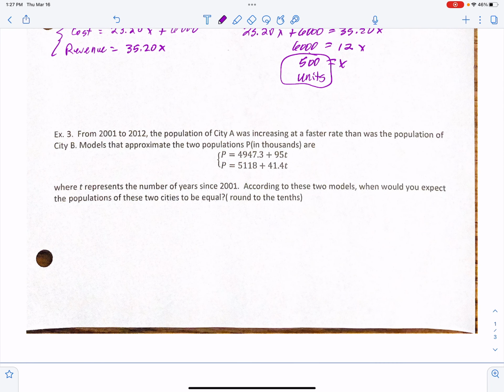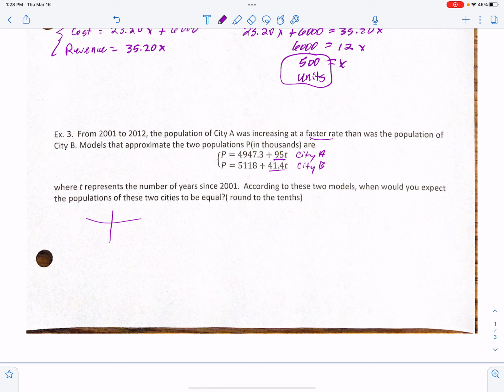Example 3. From 2001 to 2012, the population of City A was increasing at a faster rate than was the population of City B. Models that approximate the two populations in thousands are given to you. And if you notice, the slope on the first one is 95, while the slope on the second one is 41.4. That slope being 95 is your faster rate, so this must be for City A, and the second one must be for City B. And T represents the number of years since 2001.